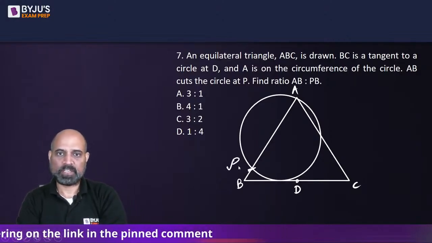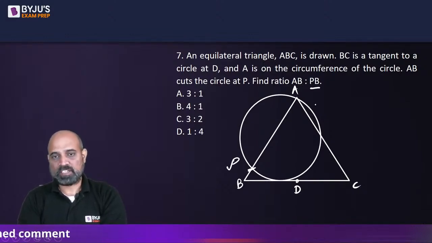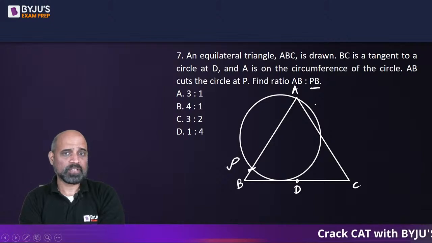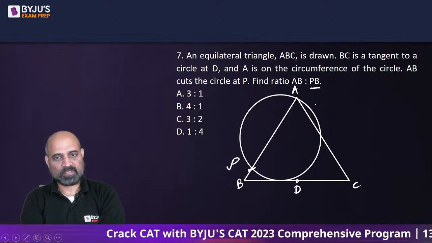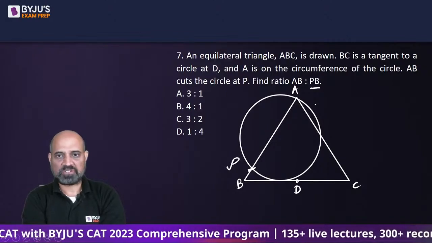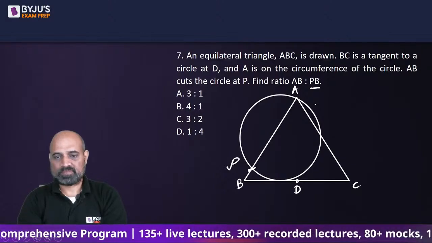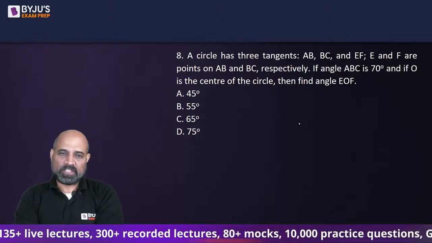So sorry, this is P. So AB is of the same length, PB changes, and if I shift it further, the side BC is still going to be tangent to the circle at D. It never says what the point D is here. Is it the midpoint of the equilateral triangle? Is it at a certain ratio? Again, another question which is right now difficult. We'll go back to that.